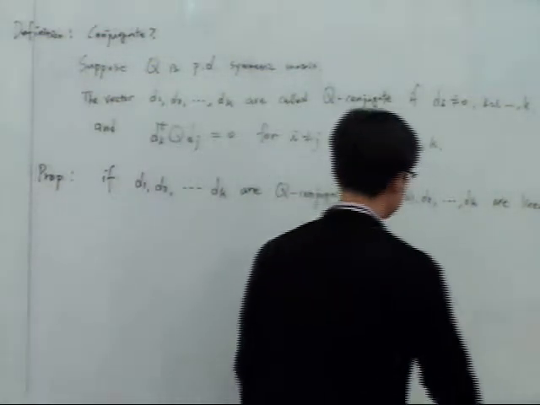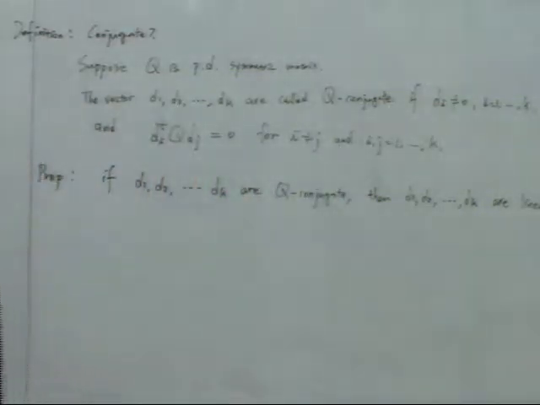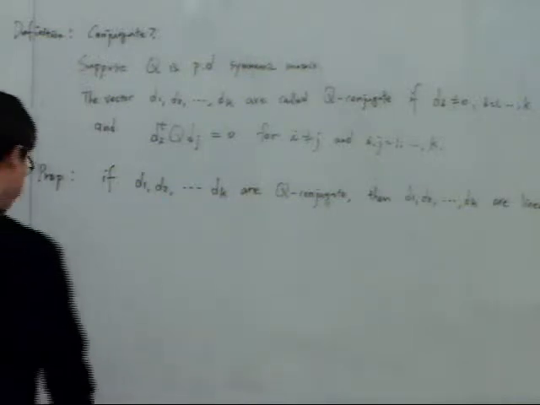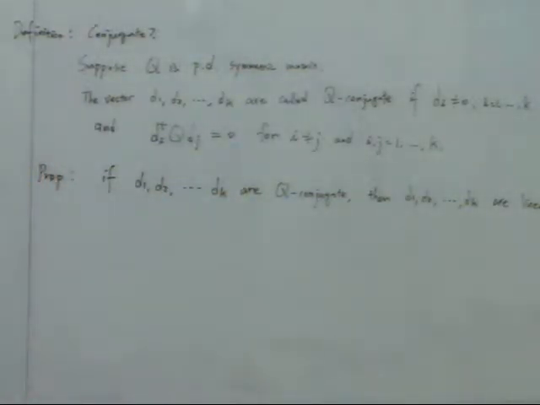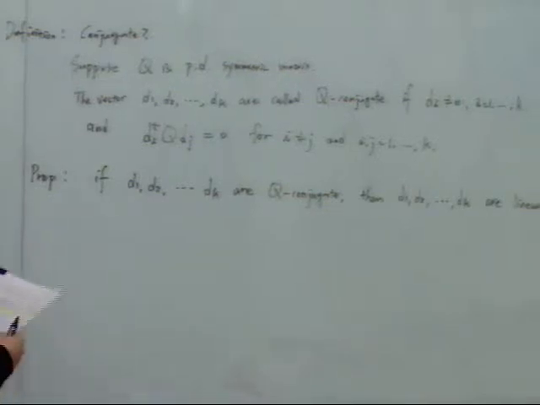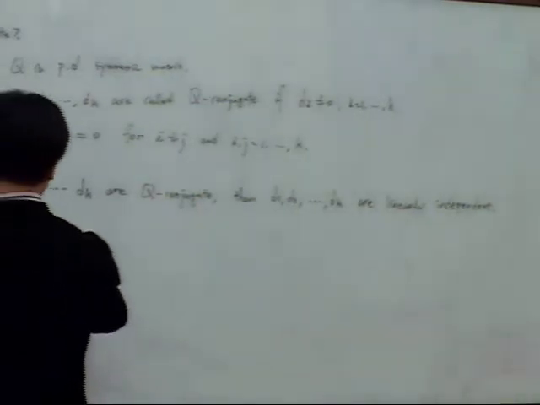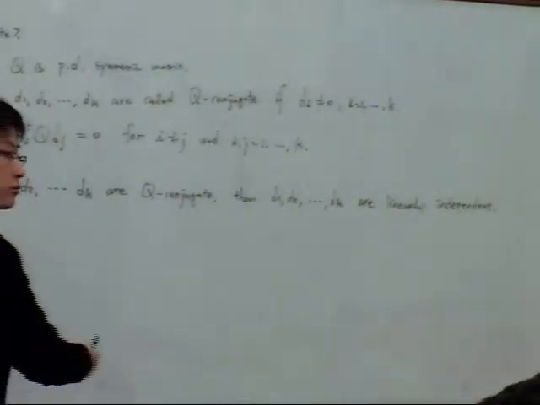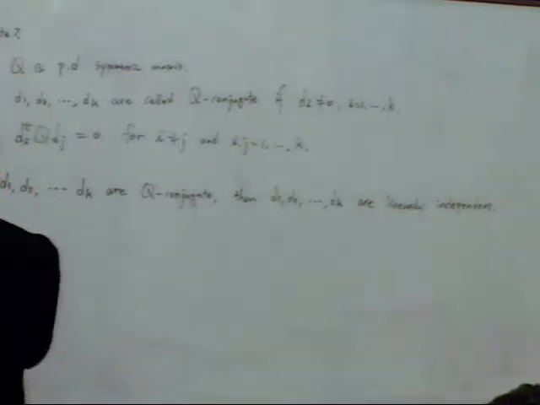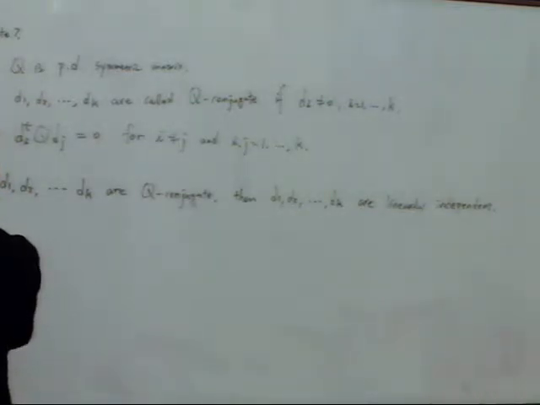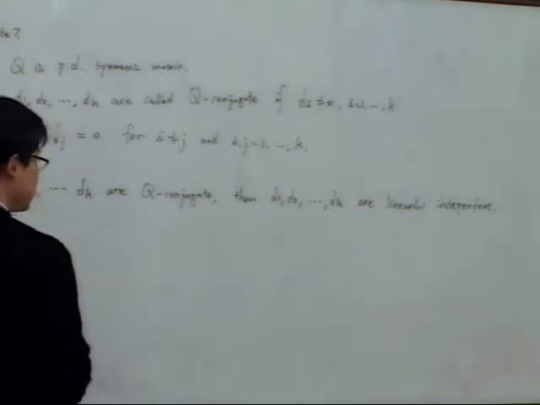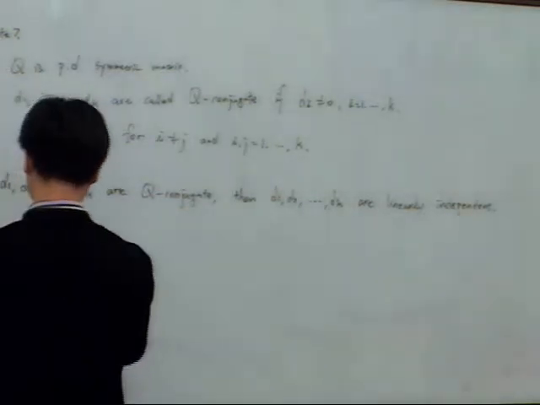Now we have another set of linearly independent vectors, d1, d2, d3, up to dk. What does this do in our visualization? Let's look into this a little bit by proving it. Suppose that these are linearly dependent.